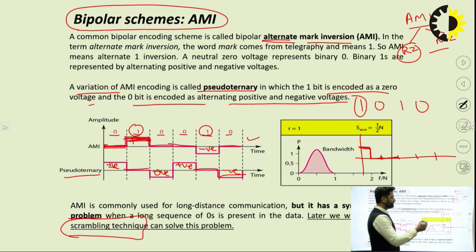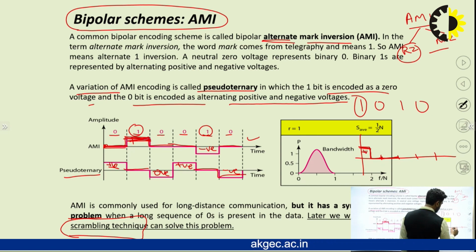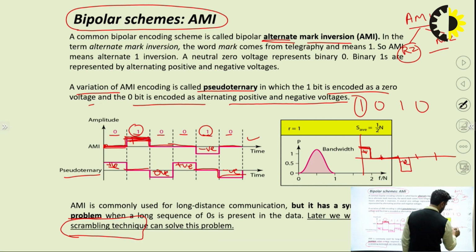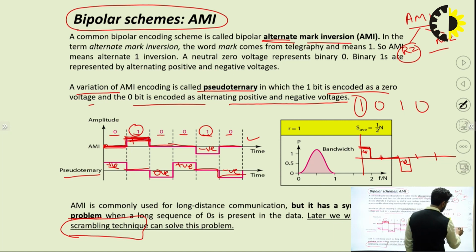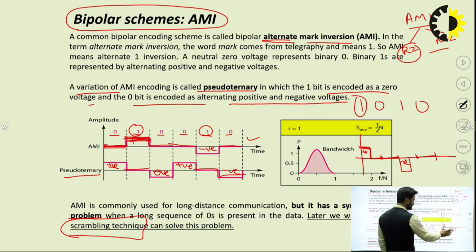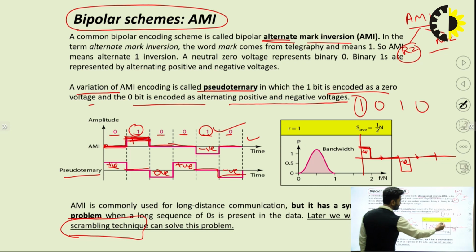Now again 1 comes; the last voltage was positive, so this voltage will be negative, but for half the duration. It will show the alternate mark reversal whenever 1 comes, and 0 will be represented as a 0.